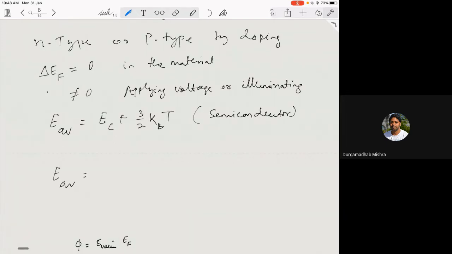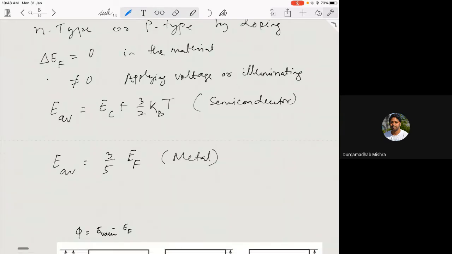But in the case of metal, it was 3/5 EF, which is not a temperature dependent term. So the average energy of an electron is very different in a metal and in the conduction band or valence band of a semiconductor.